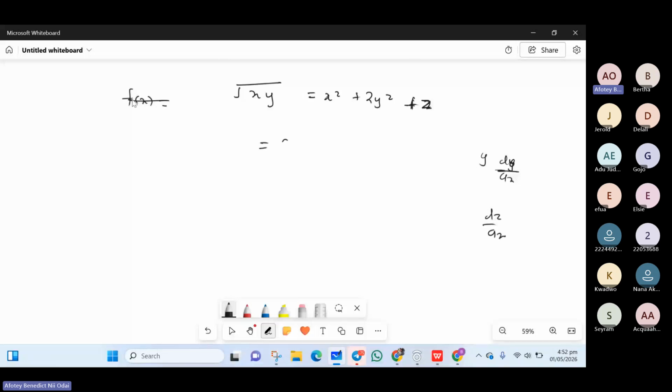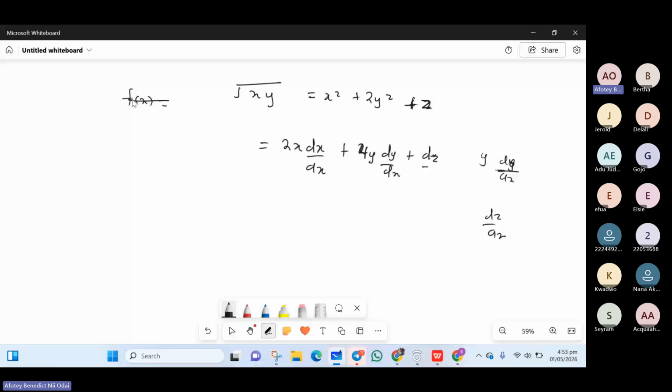This is actually 2x dx/dx plus 4y dy/dx, because 2 is multiplying 2, plus dz/dx, of course times 1.